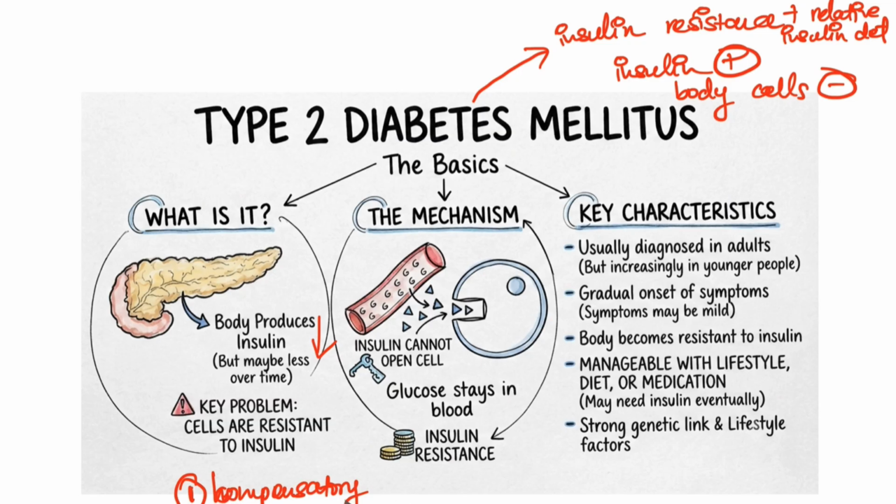So, unlike type 1 again, insulin is still produced. Insulin is still very much present, particularly during the early stages, but not in sufficient amounts to overcome the insulin resistance. The pancreas is able to produce insulin at first, but the body cells are not responding. There is resistance.